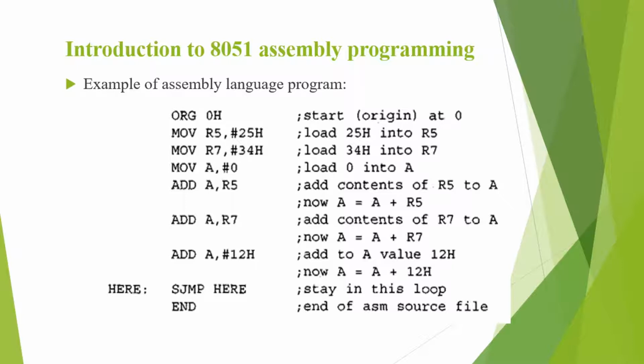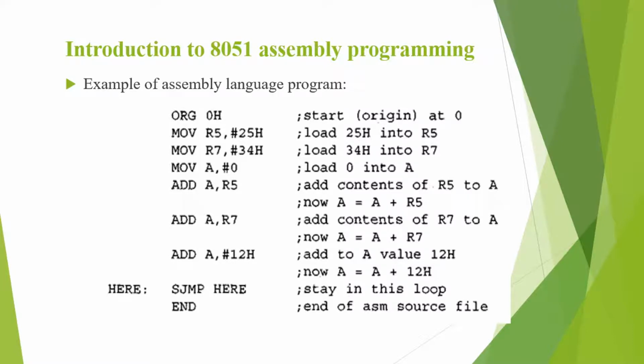Similarly, the instruction MOV R7, #34H, and then MOV A, #0, and then we have ADD A, R5. Again ADD is the mnemonic, A is the destination, R5 is the source. So the content of R5 is added to the content of accumulator A and is stored in A, since the first operand after the mnemonic is the destination.